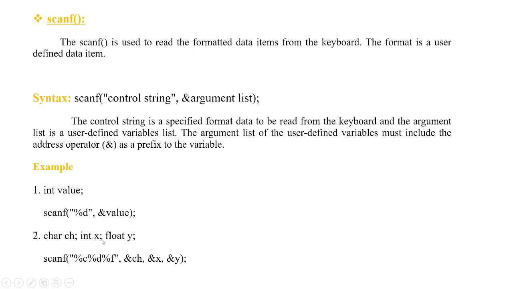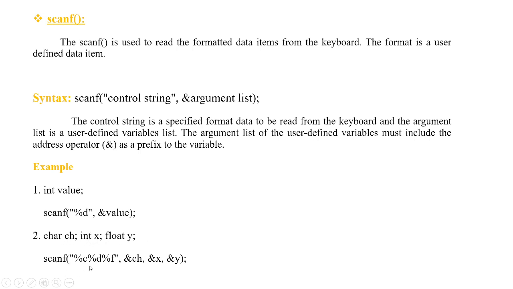Char ch, int x, float y. That is, I have used three different variables. Ch is a character variable, x is an integer variable, y is a decimal point variable, that is float data type. So for character 1 byte is reserved, for x 2 bytes is reserved, and for y 4 bytes of memory is reserved, and the names are given appropriately.